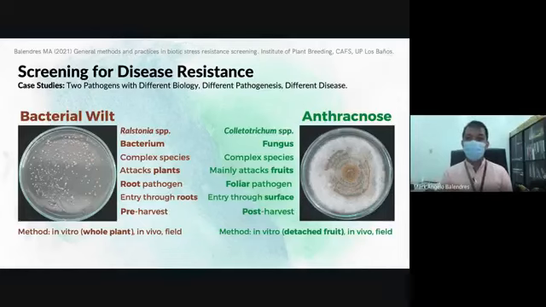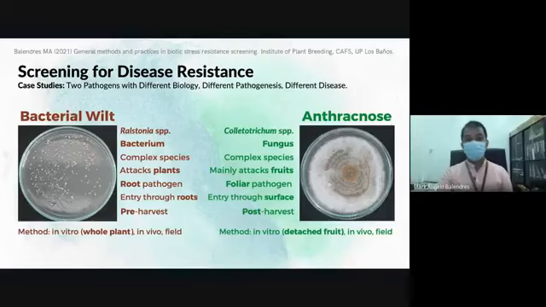So this is why it's good to use these two diseases for comparisons for your screening, because you would see that not all diseases should be treated equally and that different methods are being used for different diseases. So I'll focus on bacterial wilt and anthracnose.